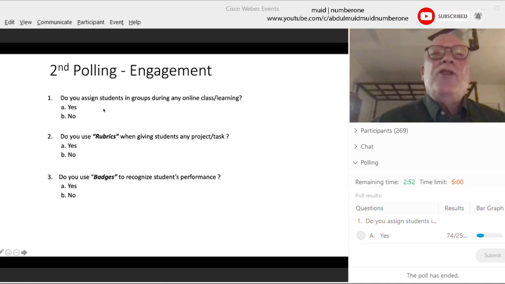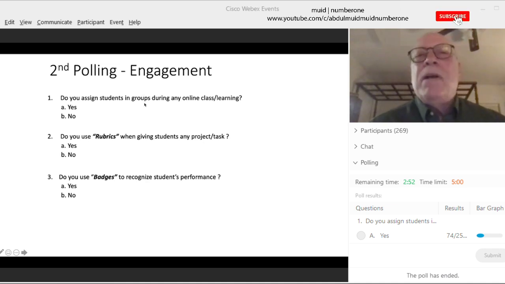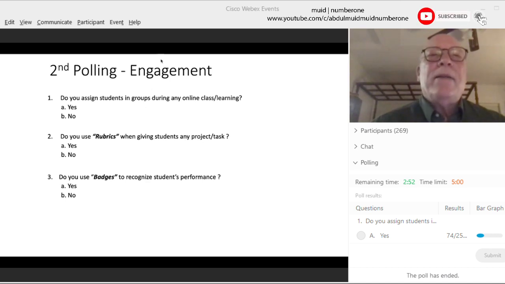Again, we really think that you should be doing more assigning students to work in groups. Get them to work in groups. They can do it in WhatsApp, they can do it in Skype, they can do it in Viber, in many different formats, in many different ways.